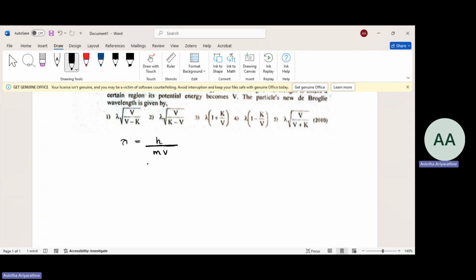And then we were able to show that p is equal to the square root of 2m times the potential difference, the kinetic energy.